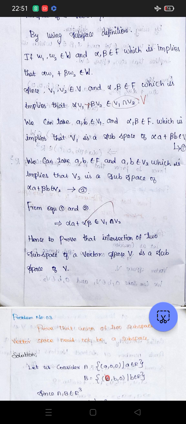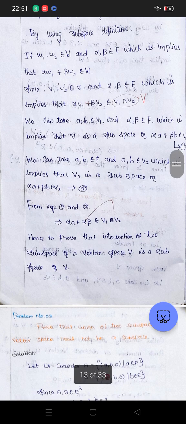Okay. So we can take a comma b belongs to V1 and alpha comma beta belongs to F, which implies that since V1 is a subspace, alpha a plus beta b belongs to V1. That is the first equation. The second equation: we can take a comma b belongs to V2, which implies that since V2 is a subspace, alpha a plus beta b belongs to V2.